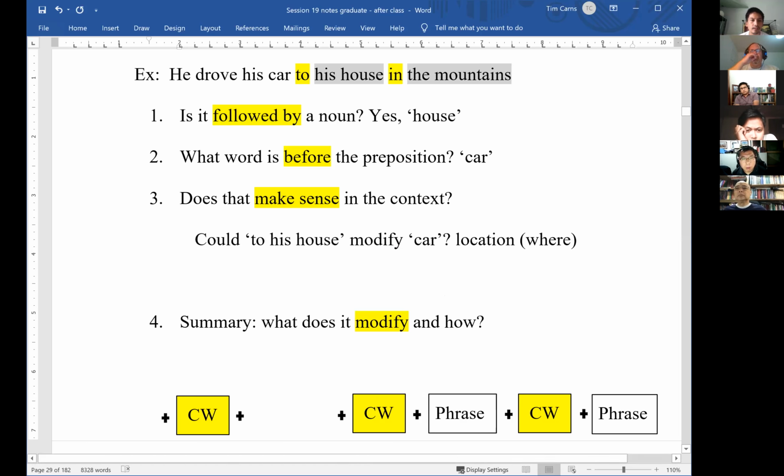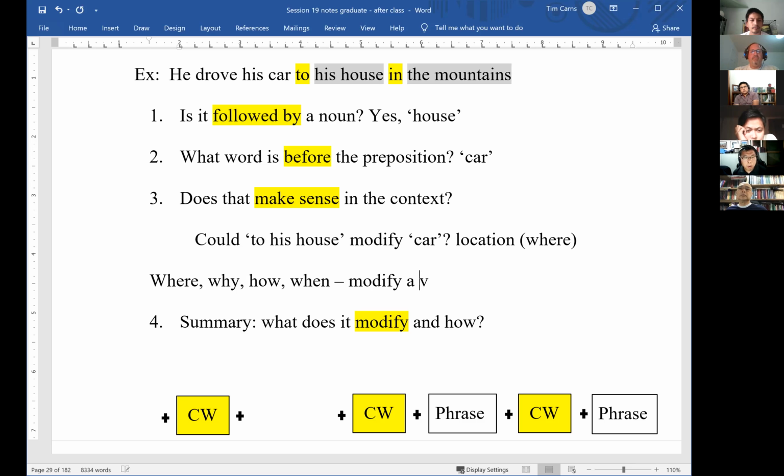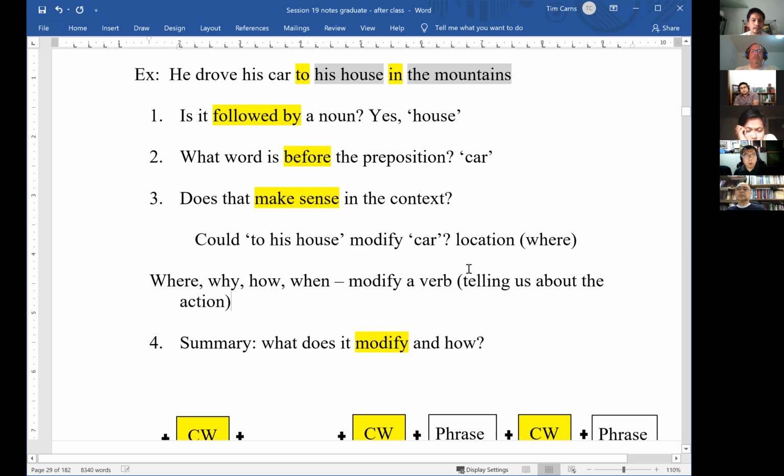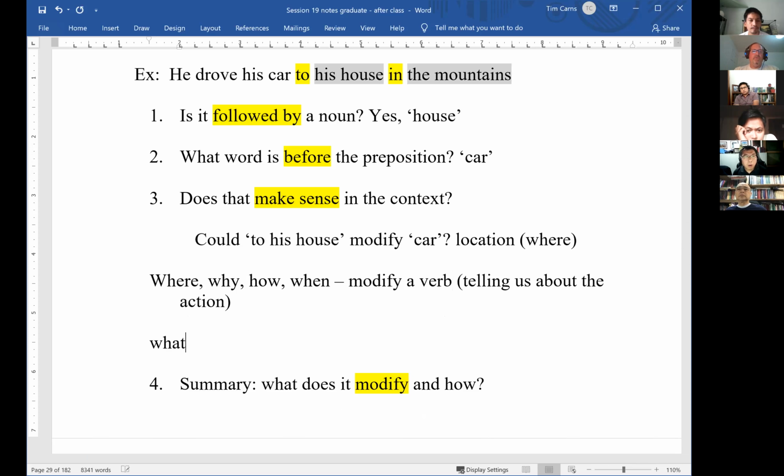You remember that discussion from a while back? If it's where, why, how, or when, then it's going to modify a verb. That's telling us about the action. If it's what kind, which one, description, that's going to modify a noun.